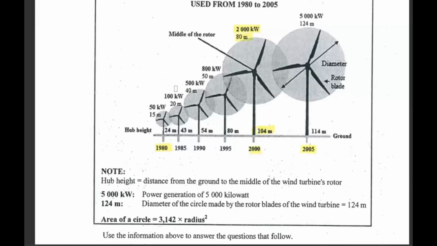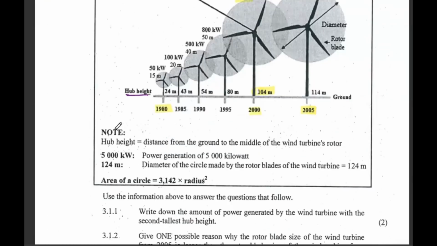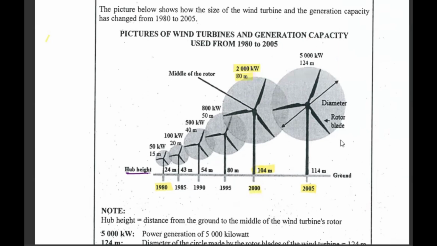Wait, sorry, the hub height. Okay, we shall analyze that. Note the hub height, the distance from the ground to the middle of the wind turbine's rotor. So the middle here, that's what we see.